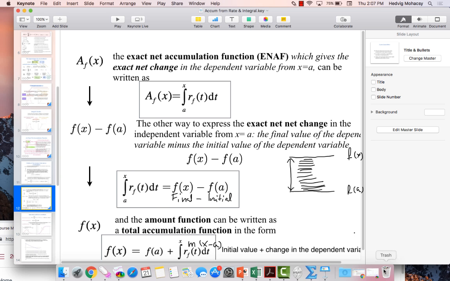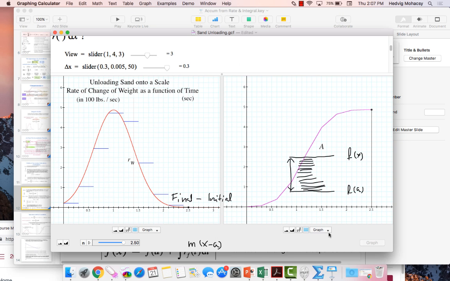This is a nice animation for the worksheet. On the left, you see the exact rate of change function and the approximate rate of change function. And here is the slider, and I'm going to shrink delta x to almost 0, right?